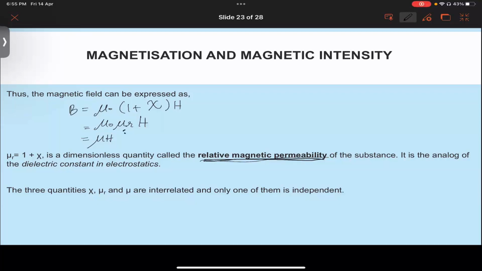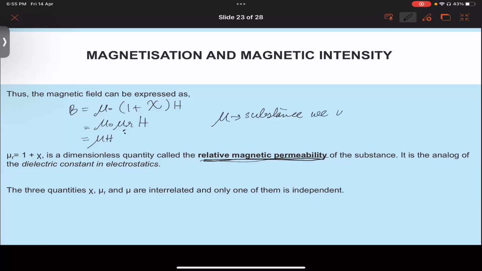It is similar to how we were using the dielectric constant in electrostatics. Mu is related to the material or the substance that we are using, so this can vary with respect to the substance.